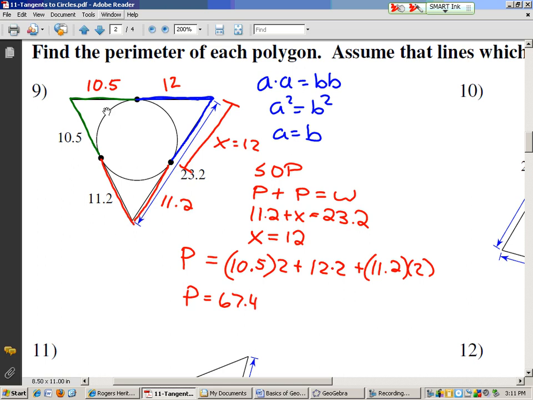Anybody disagree with that? Let's see. This is 21 plus 24 plus 22.4. That sounds about right. Okay. I'm going to pause this and give a chance for you guys to work some.